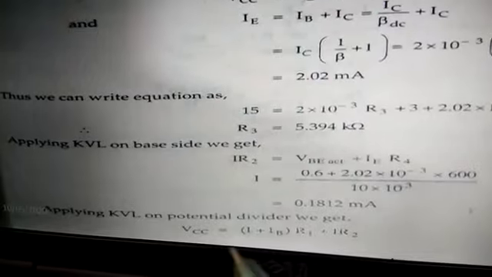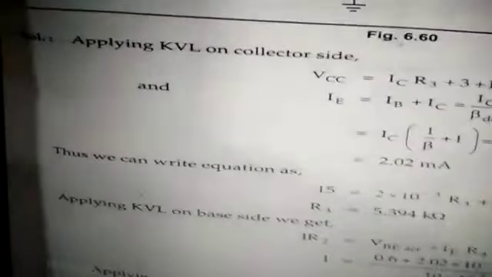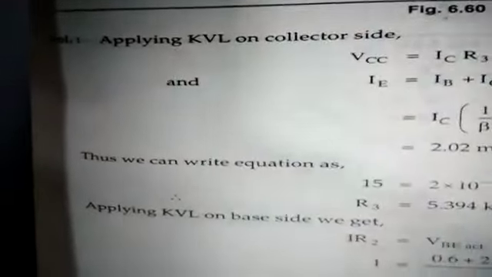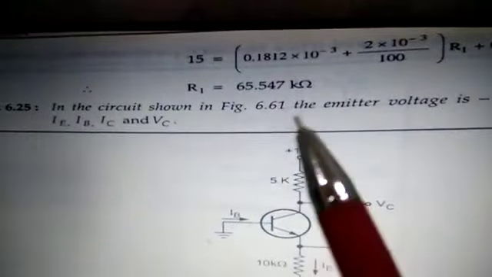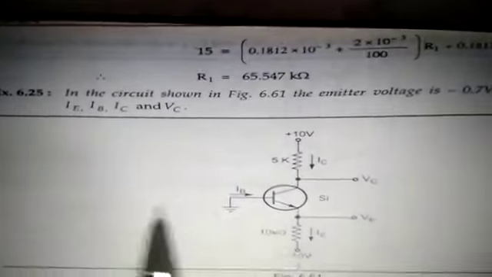Applying KVL on the potential divider circuit, we get VCC is equal to 1 plus IB into R1 plus I into R2. From this you can calculate the value of R1, which comes to be 65.547 kilo ohm. So this way we can calculate all the values.